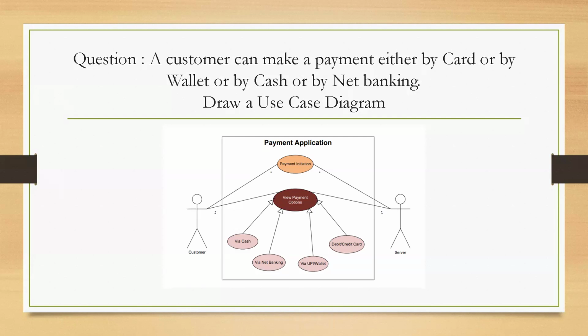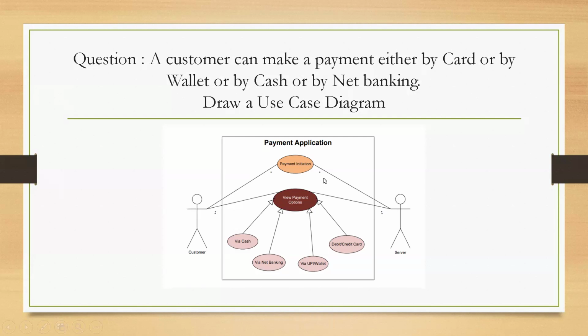Here, how the payment functions will work and what the different payment modes are, that we need to consider. Customer can make a payment, right? How will the use case diagram be for that? Okay, only for the payment functionality, not all the use cases.